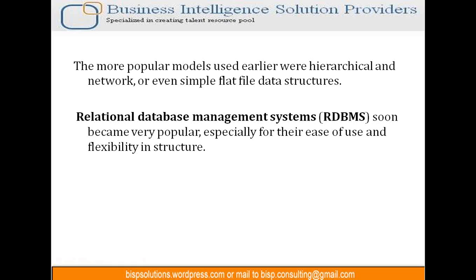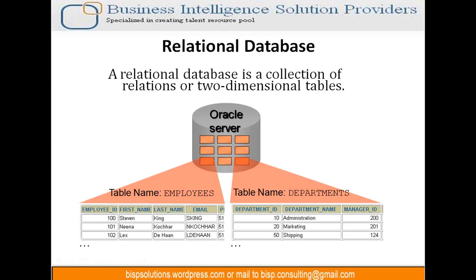So this became very, very popular as people could visualize this easily and people could store data in it easily. So a relational database, we said, is nothing but a collection of tables, and a table in turn is nothing but a collection of rows and columns.